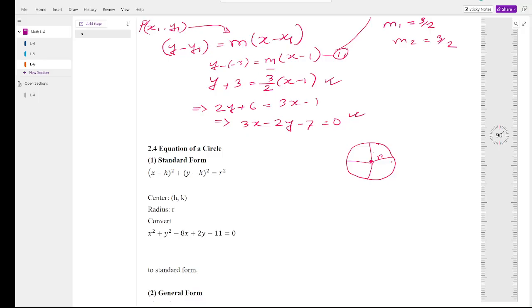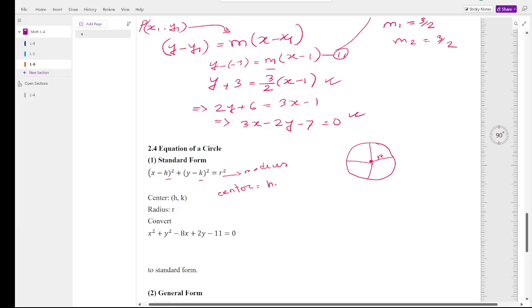For a circle, the standard form is x minus h whole squared plus y minus k whole squared equals r squared. The r is the radius, and h and k are the center. Center equals h comma k.